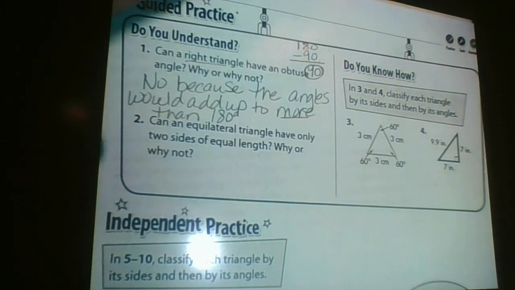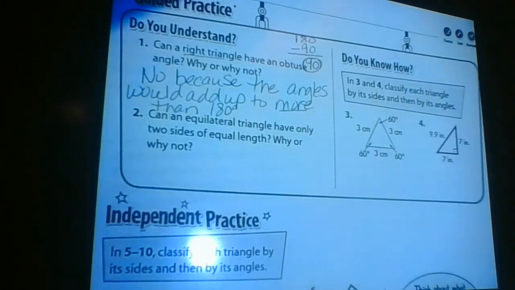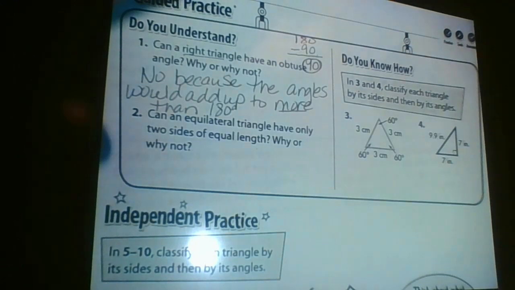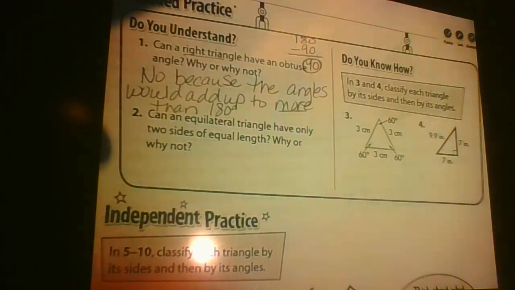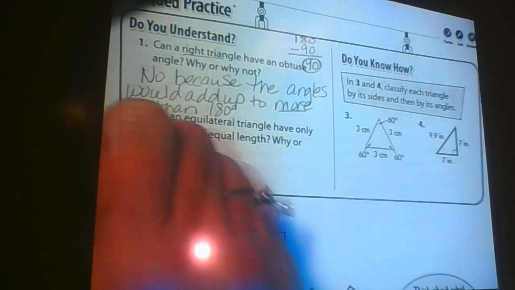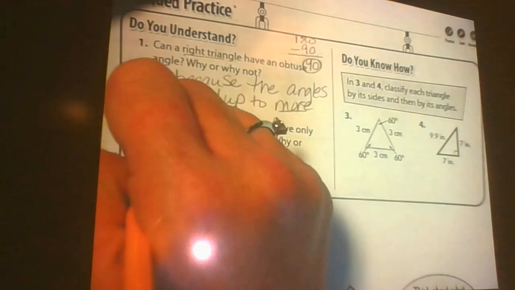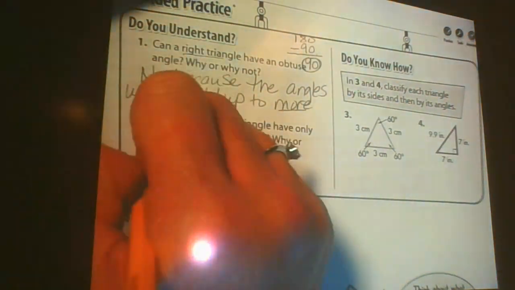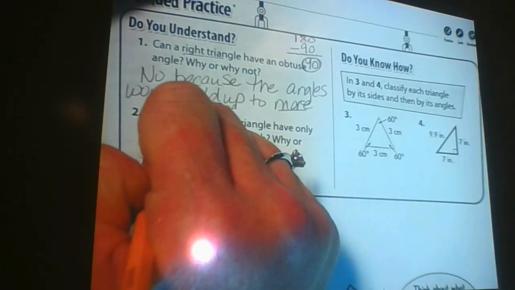It cannot be done. All right, number 2. Can an equilateral triangle have only two sides of equal length? Why or why not? Well, what do I know about an equilateral triangle? The equilateral triangle has 3 equal sides. The equilateral triangle also has 3 equal angles.